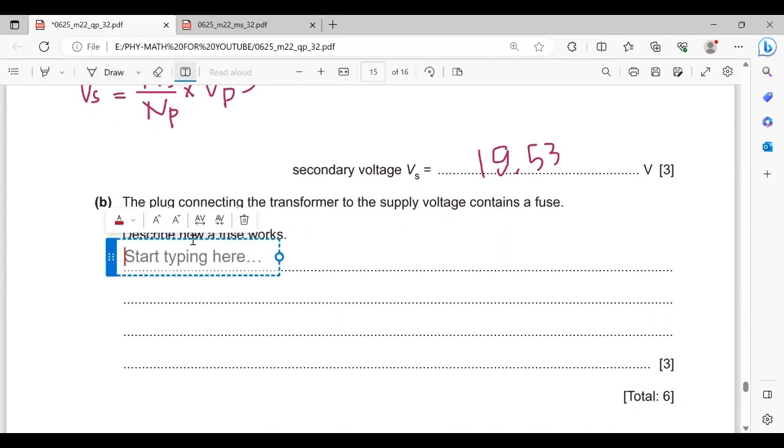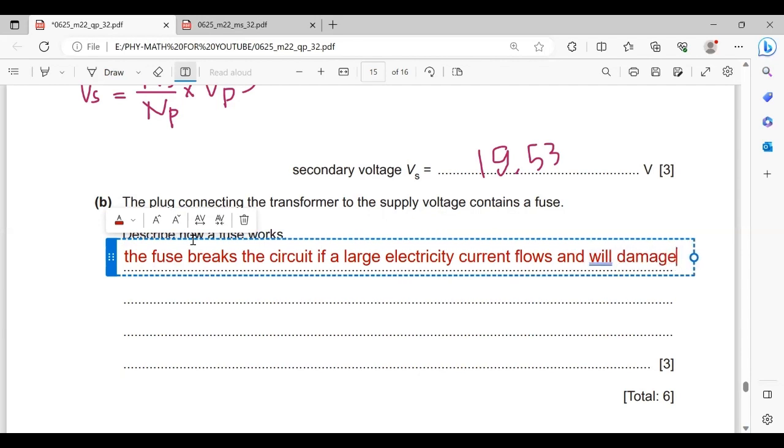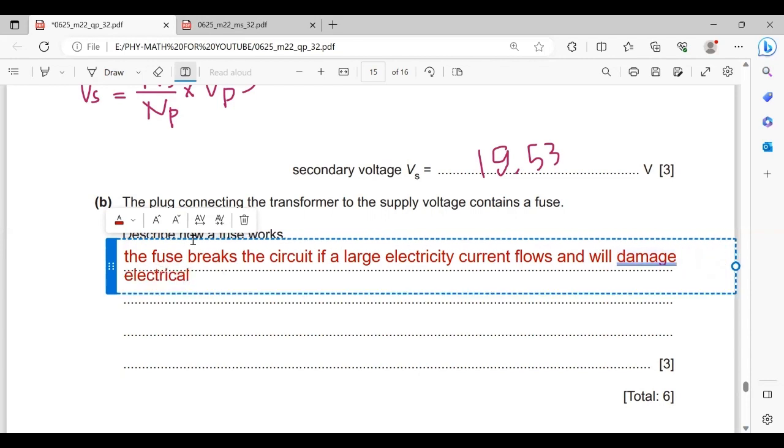The fuse breaks the circuit if a large electric current flows and will damage electrical tools.